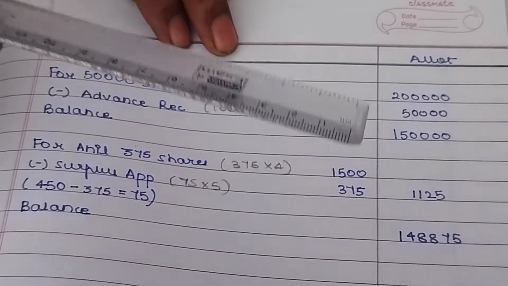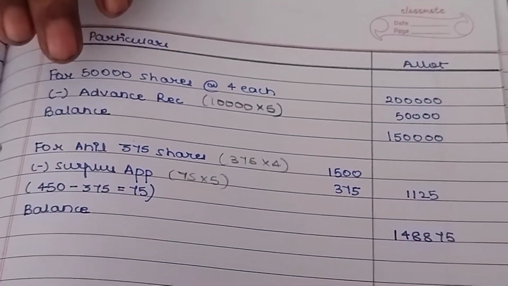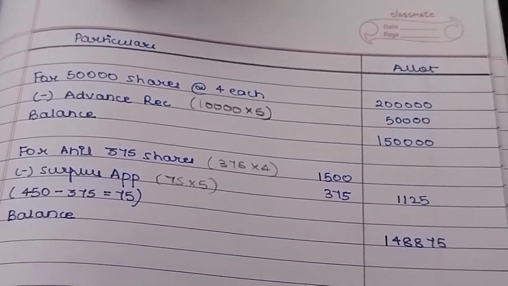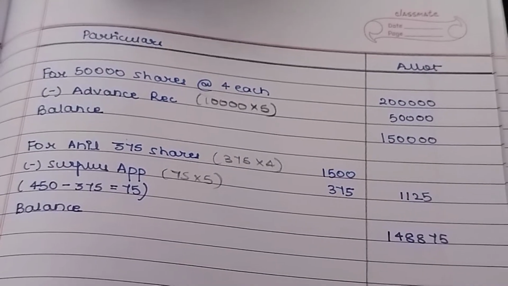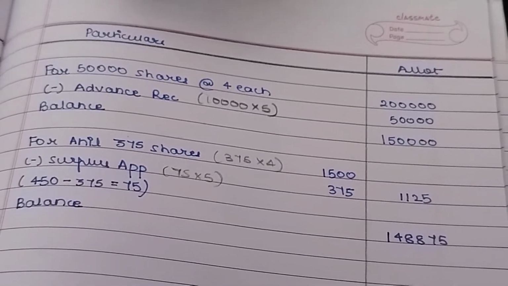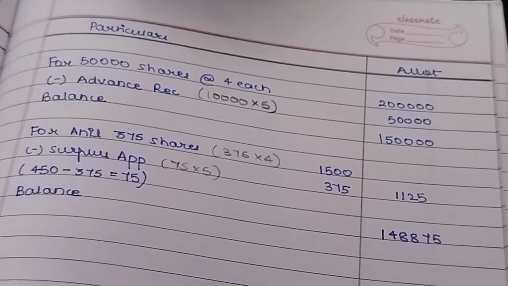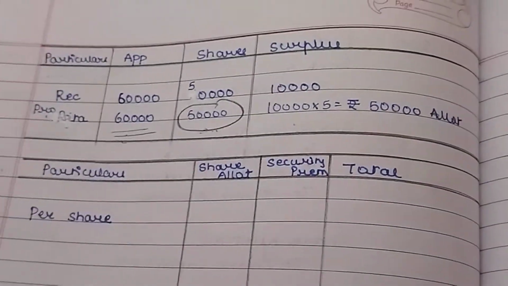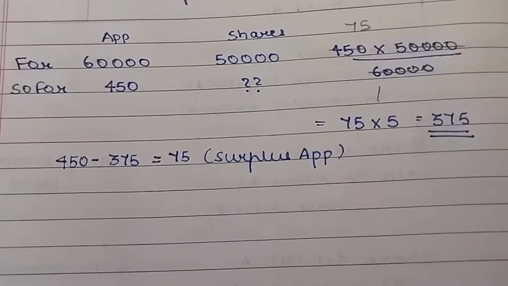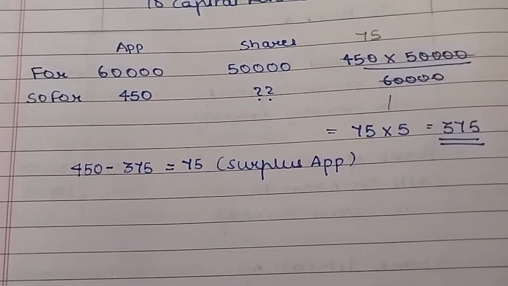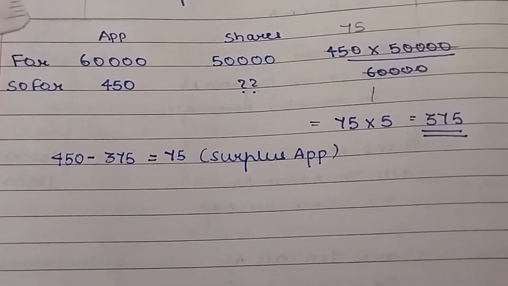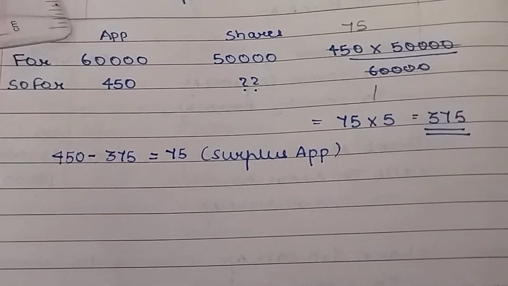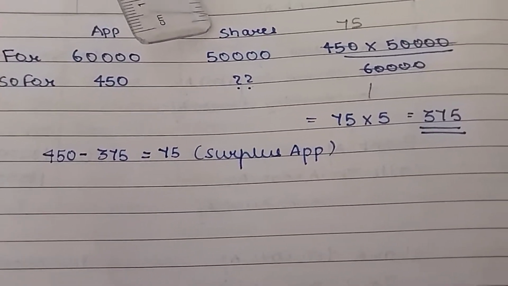Now here one twist is there. Mr. Anil, who applied for 450 shares, now we need to calculate how many shares were allotted to him. See, when 60,000 shares were applied, the company issued 50,000 shares.